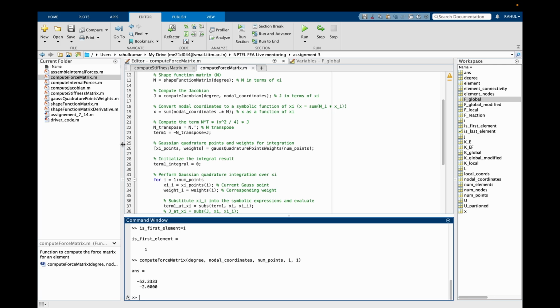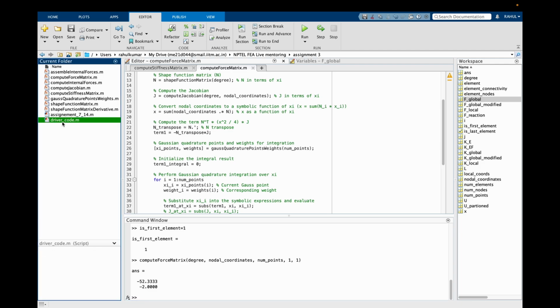Now what do we have to find? We have to find U1 and dy by dx at x equal to 5, right? No, sir, we have to find y at x equal to 4 and y at x equal to 3. Okay, fine. Nothing to worry about, because we already got the nodal displacement, so you can easily determine it.